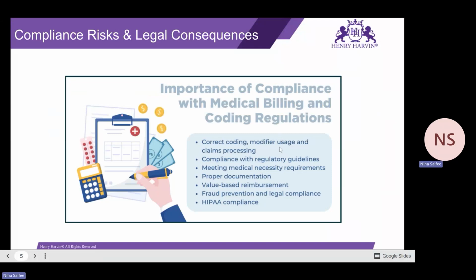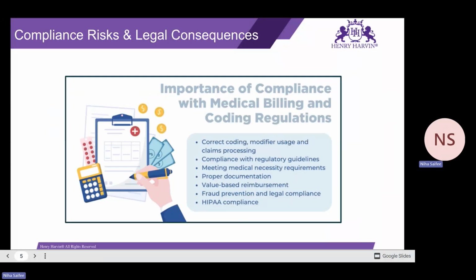So: correct coding, modifier usage and claims processing, compliance with regulatory guidelines, meeting medical necessity requirements, proper documentation, value-based reimbursement, fraud prevention and legal compliance, and HIPAA compliance.